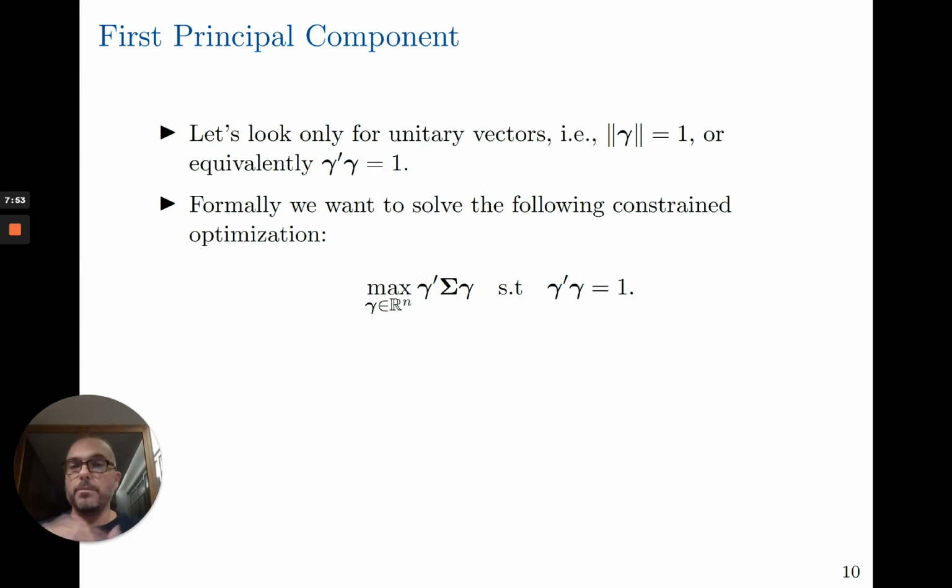We want to maximize the variance of x gamma subject to the restriction that gamma must be a unitary vector. So the square of the L2 norm of gamma should be 1, so gamma prime gamma should be equal to 1.